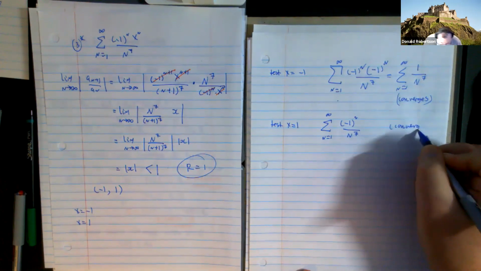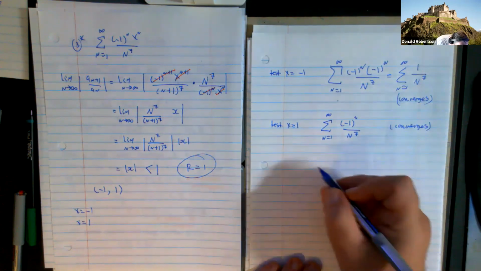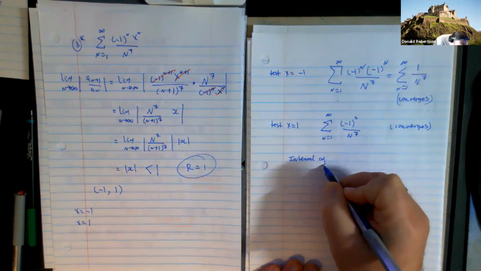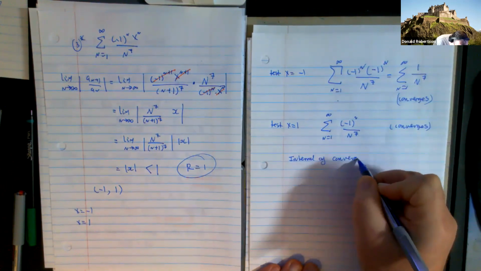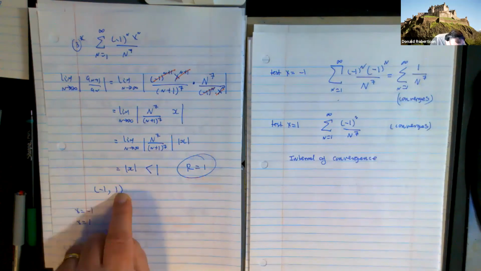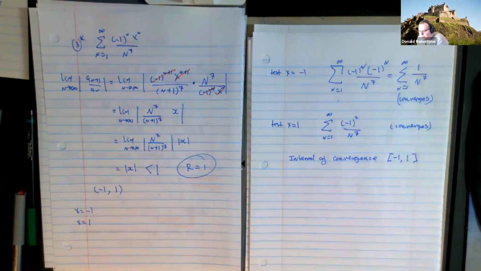If I wanted to prove it, wouldn't it be an alternating series, and eventually I'd get the answer? But I think, hopefully, by now you've seen enough to just know that that's going to work. So that makes the interval of convergence not all the numbers between -1 and 1, but all the numbers including -1 and 1 and between.